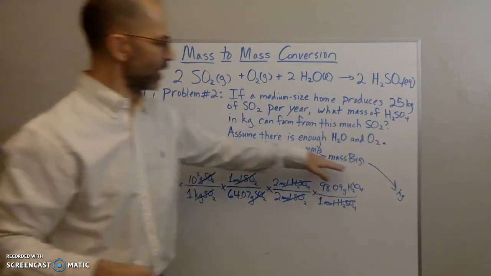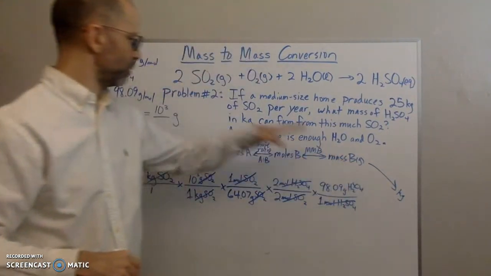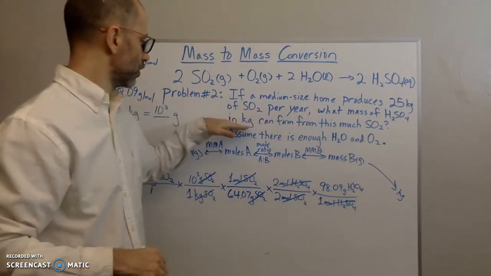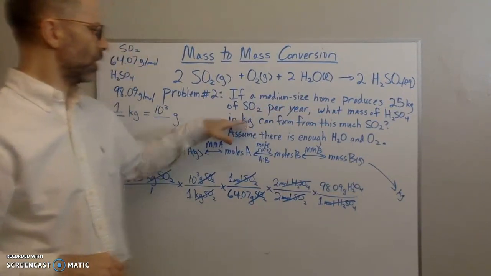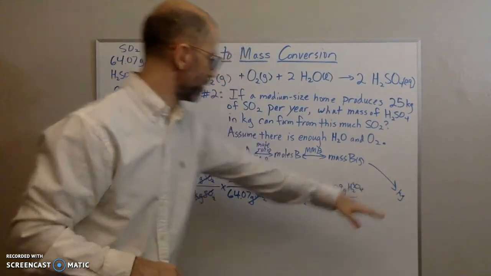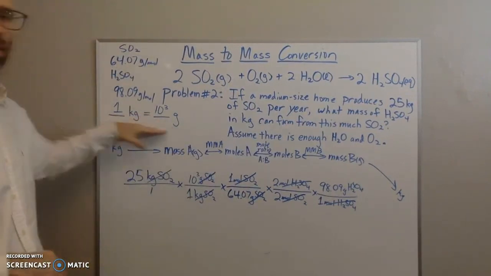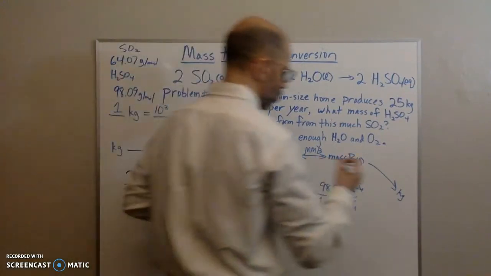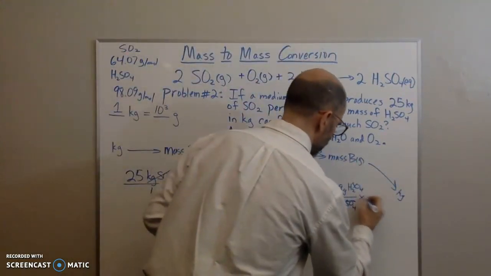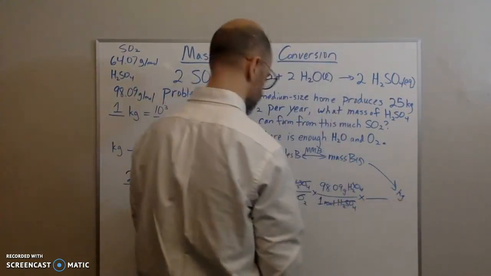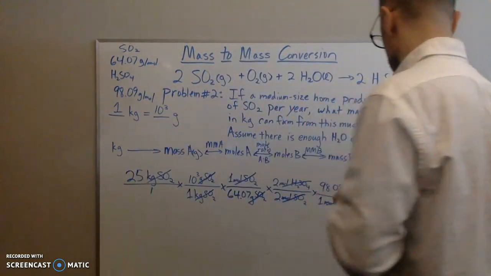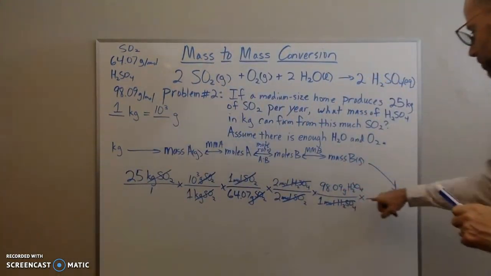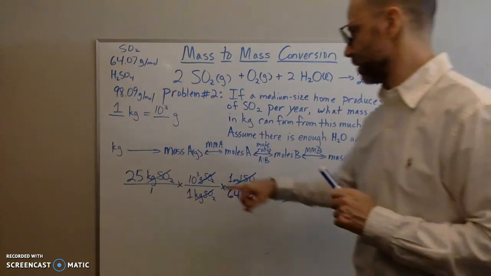So now I need to get off because the problem is asking for kilograms of H2SO4. So I need to convert from grams to kilograms, so I need to go back to my equality right here. And so I'm going to then do my last conversion. And so since I have grams on the top, I'm going to put grams on the bottom.